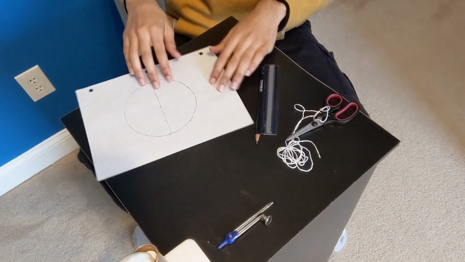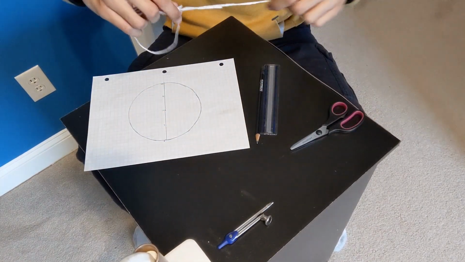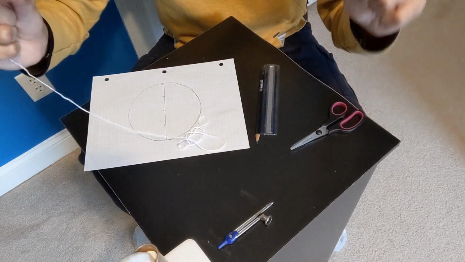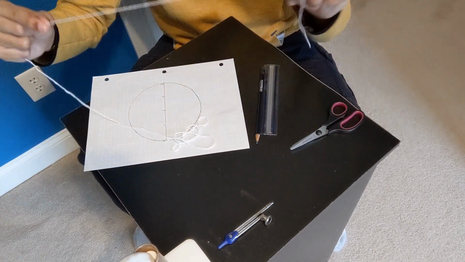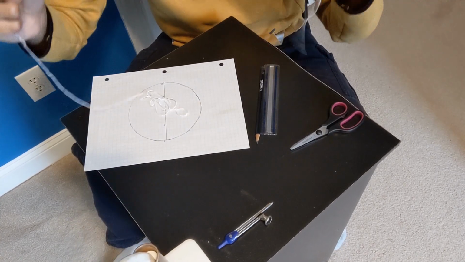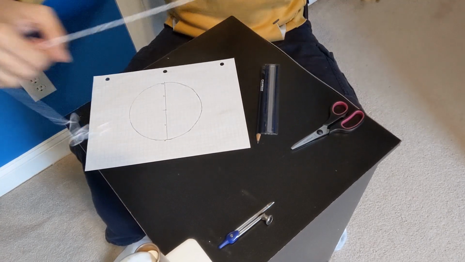Now, let's calculate the circumference. So I'm going to use this string. I'm going to wrap it around the circumference of the circle and then cut it off so that the string is exactly the same length as the circumference of the circle.